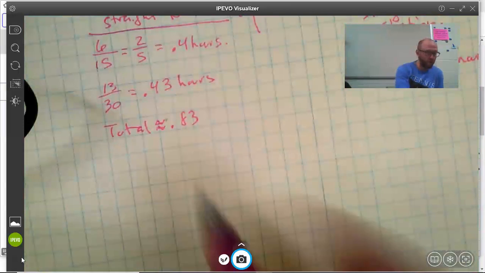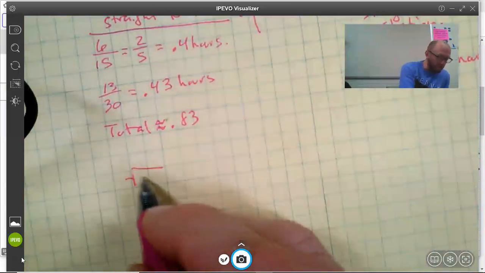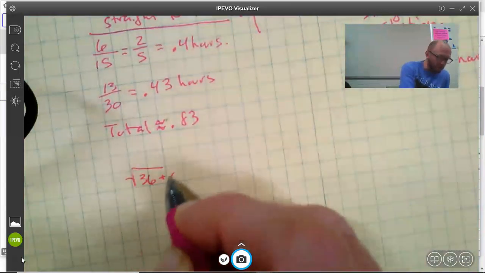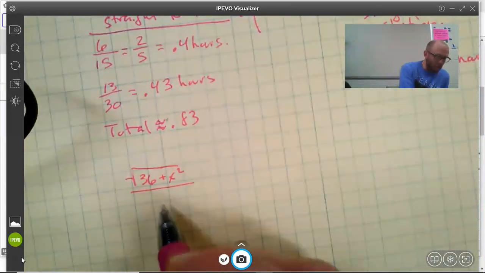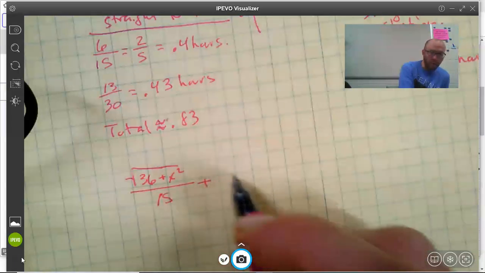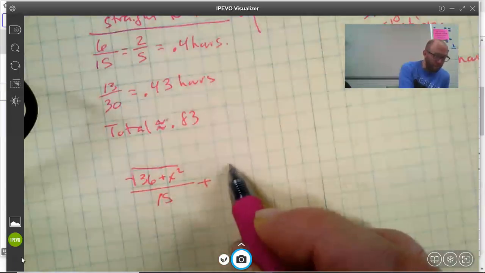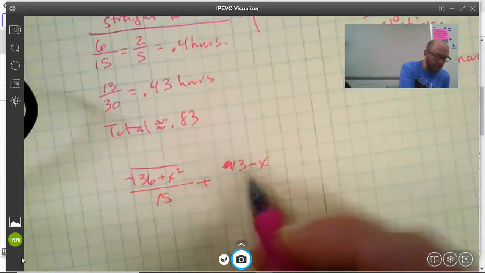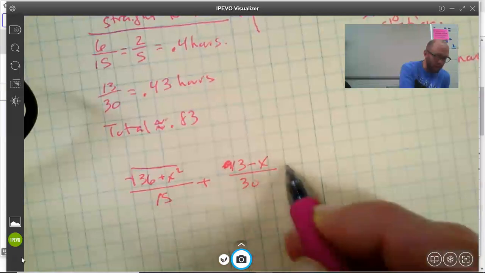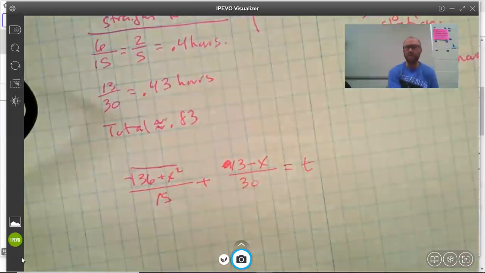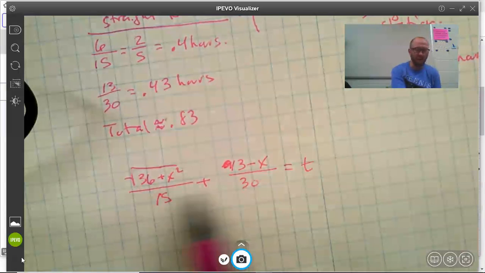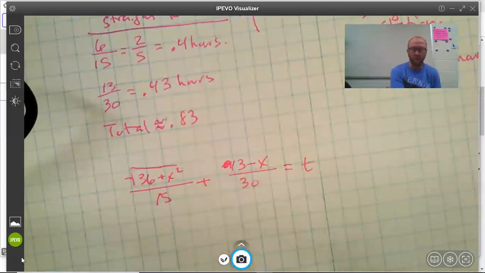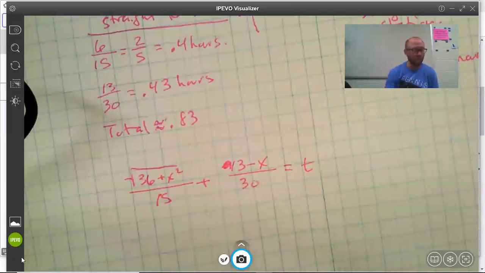So our equation would be the square root of 36 plus x squared over 15, plus 13 minus x over 30, equals our time. Time spent traveling through the desert plus time spent on the road equals total time. Then we'd have to figure out what outputs this function gives us.